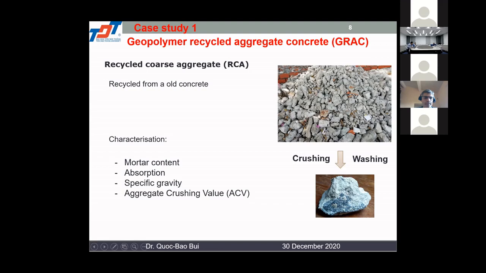For example, on this picture, you can see the natural stone and the old mortar bonded on the natural stone. We characterize the water absorption, the specific gravity, and the aggregate crushing value, ACV.